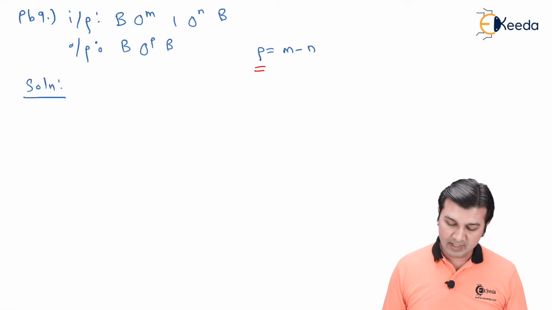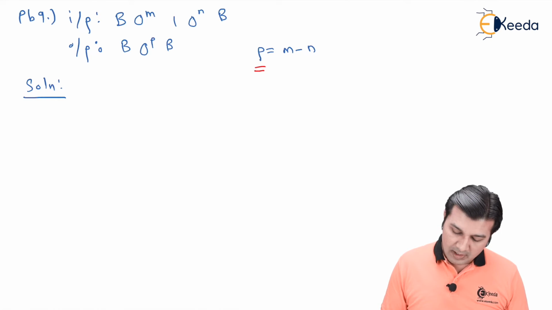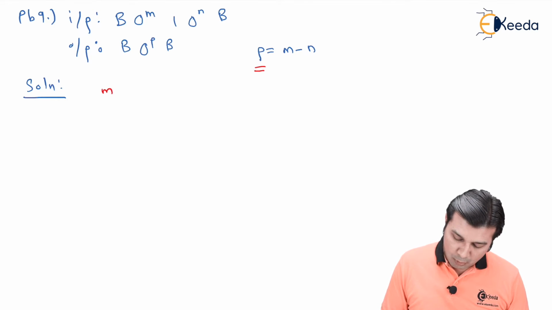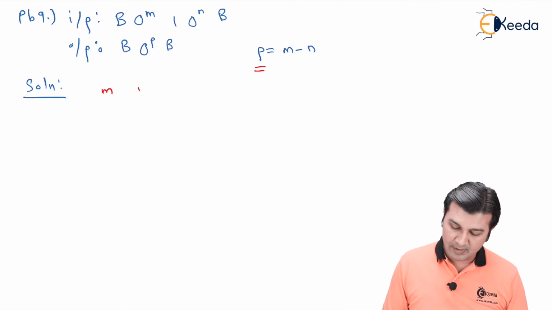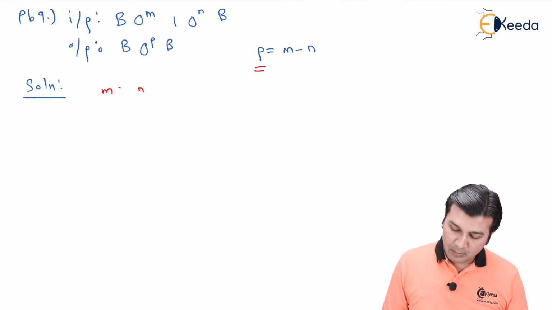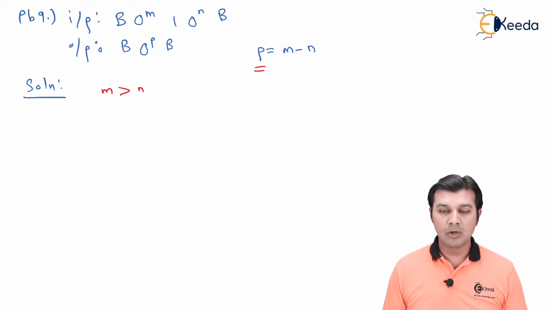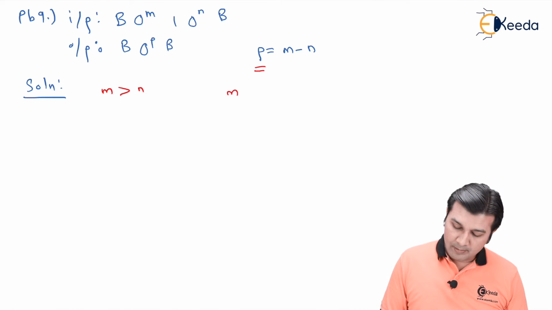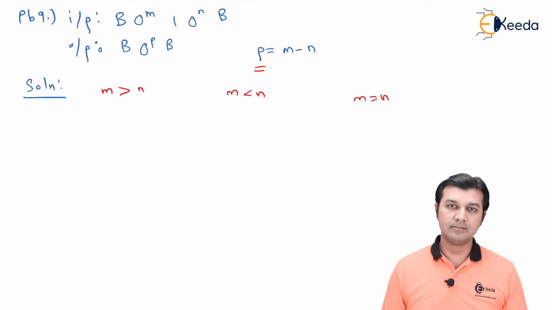There are three possible cases of m and n: either m is greater than n, or m is lesser than n, or m is equal to n.